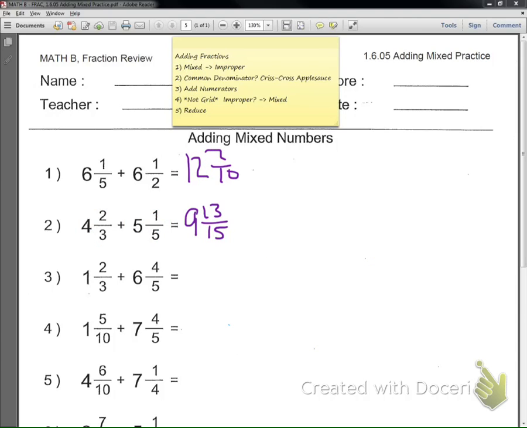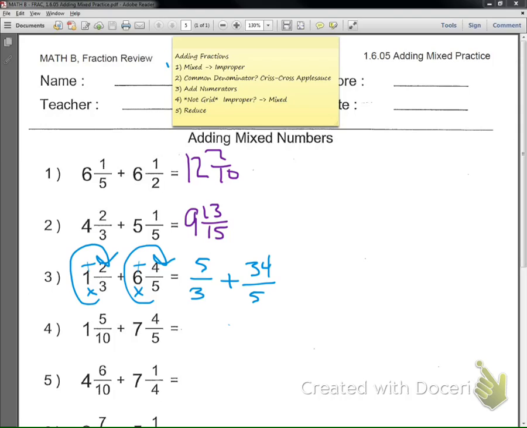Okay, let's see how far you got. First step, change those mixed numbers into improper fractions. So 3 times 1 is 3, plus 2 more is 5 over the 3, plus 6 times 5 is 30, plus 4 is 34, all over 5.